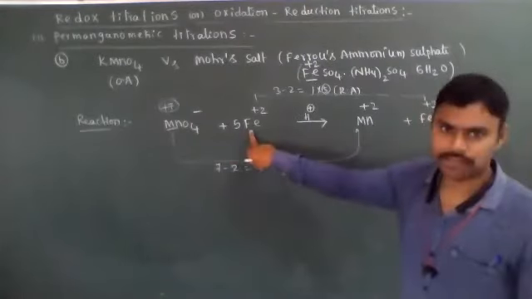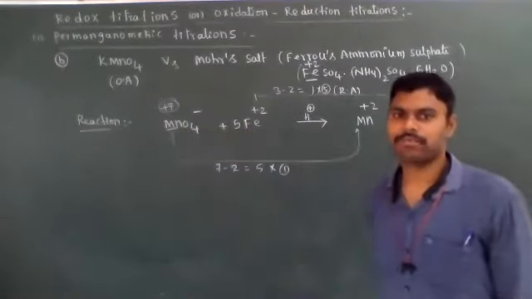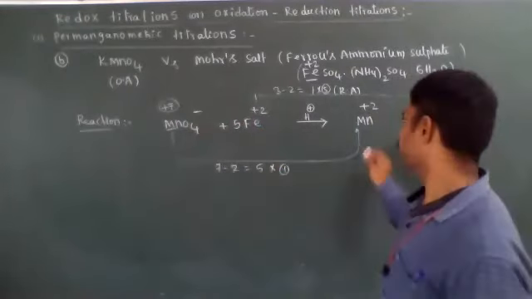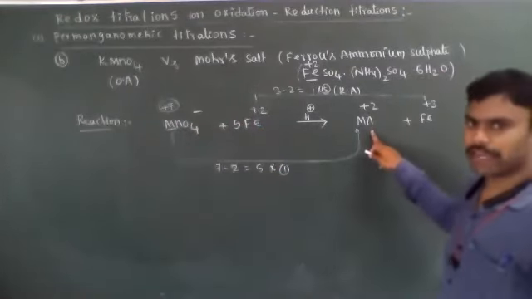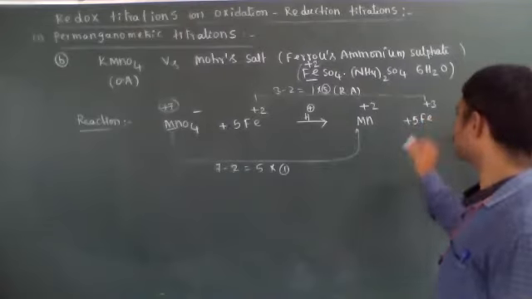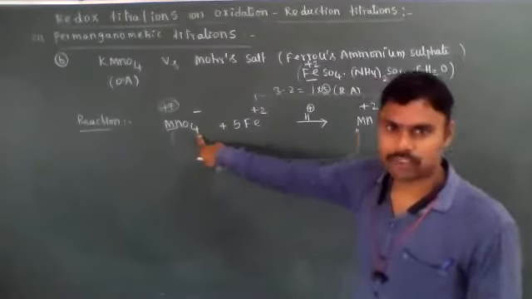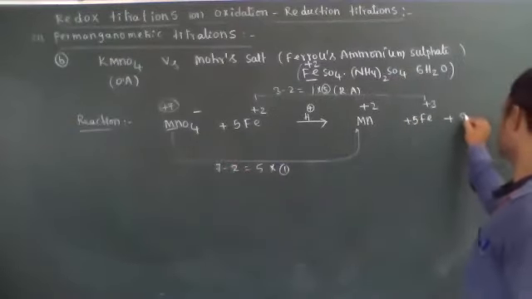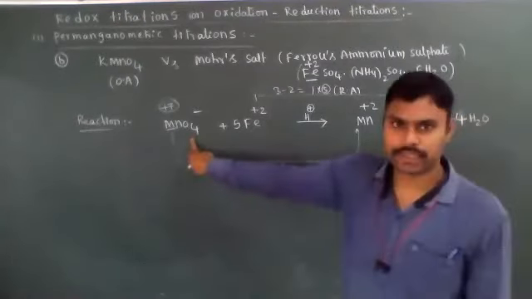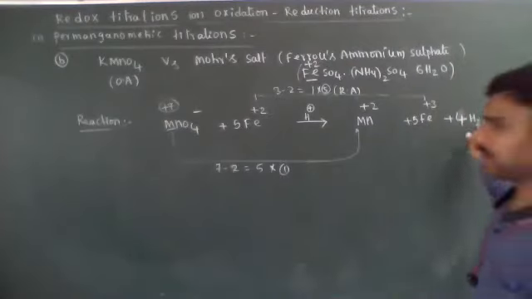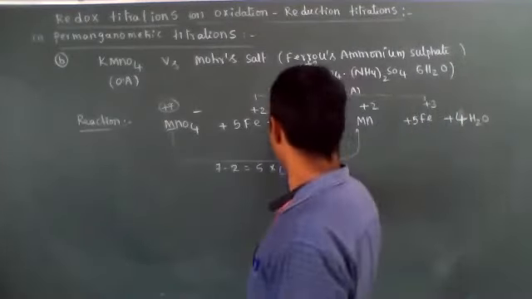How many moles of ferrous sulfate react with KMnO4? 1 mole of KMnO4 reacts with 5 moles of ferrous sulfate, forming 1 mole of Mn+2 ions and 5 moles of Fe+3 ions. Next, the oxygen atoms we need to balance. 4 are present, so 4H2O. 4 oxygen atoms are present, so I added 4 water molecules. Then 8 extra hydrogens came, so on this side 8H+.